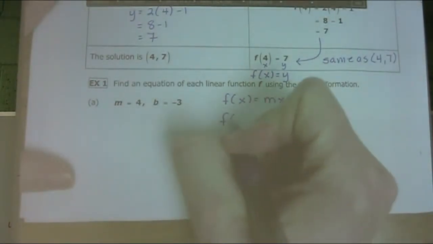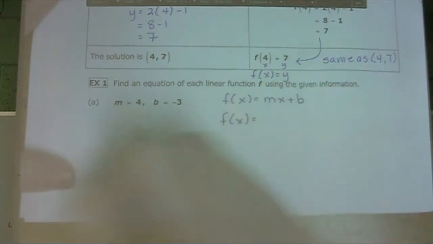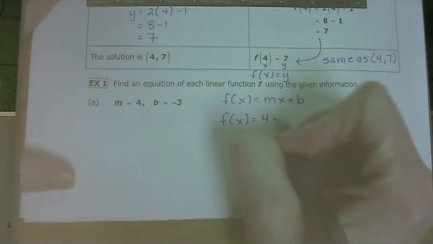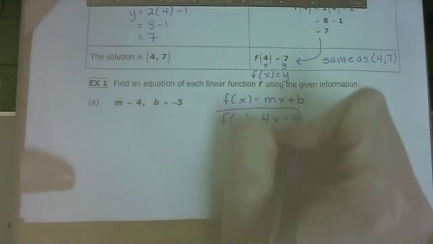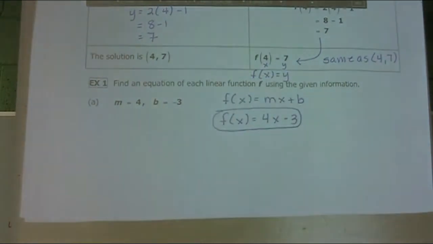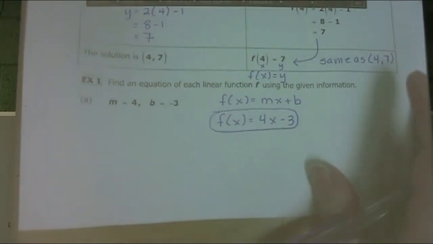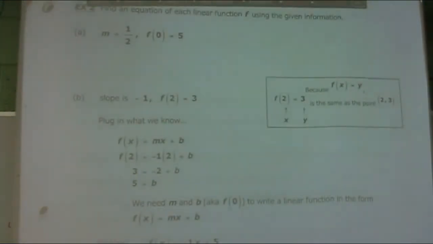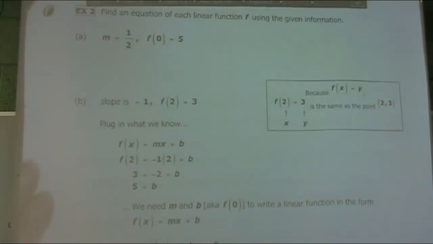So f of x equals, m is 4, so 4x, b is negative 3, so minus 3. And this is my linear function. Very, very easy, just like when we were finding equations of lines and we used y equals mx plus b and we were given m and b. It gets more difficult when we have other information other than the m and the b.